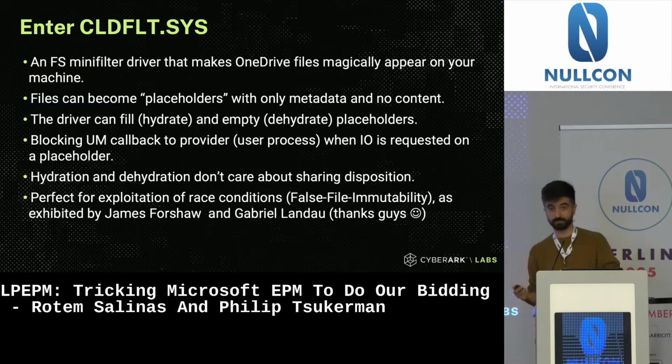Now, to do that, and to do that transparently, so that the first time you double-click on that OneDrive file, it magically appears, this hydration and dehydration, meaning filling the file with content and removing the content again, needs to be able to bypass sharing disposition completely.